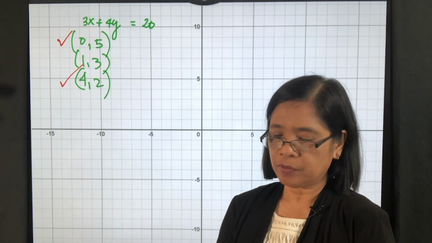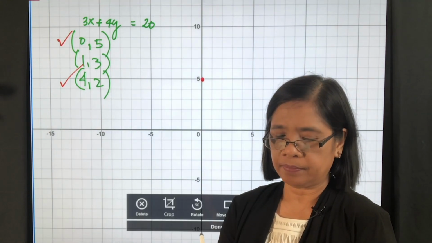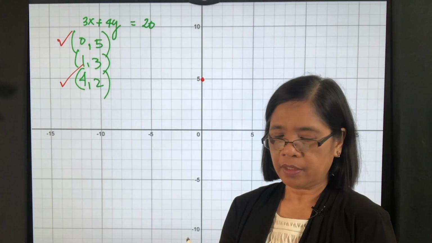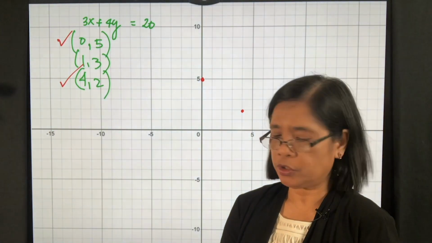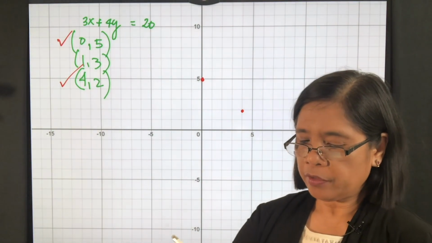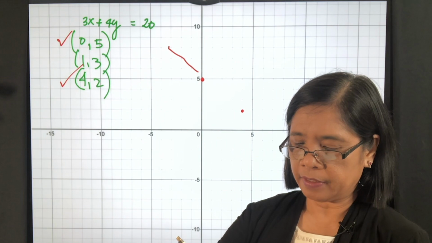So if we plot these points (0, 5) and (4, 2), these are solutions, so they will both lie on the same line.